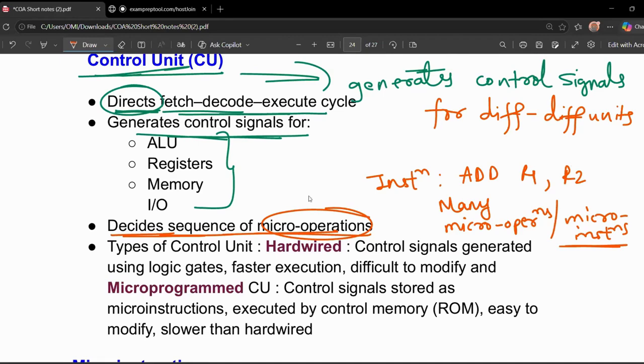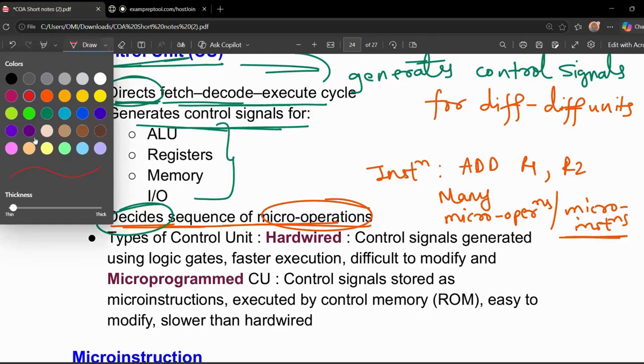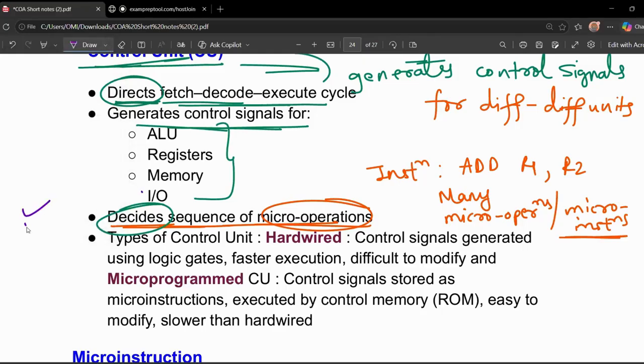Currently we are not going through add R1 comma R2, because in the short notes that is not required. Otherwise we could see which micro operations it requires. I think first you have to fetch it, then decode it, then execute it, and so on. Those are the micro operations it will require. Now what the control unit will do is decide which micro operation to execute, step by step, like first this, then this, then this, and so on.